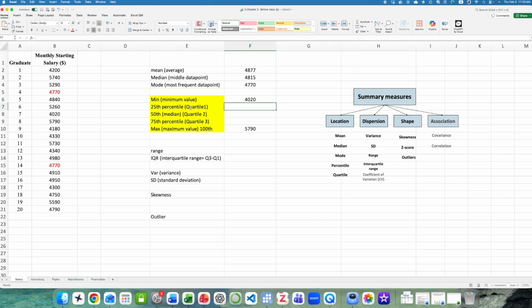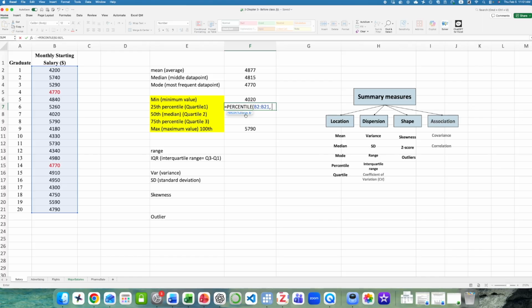25th percentile means that 25% of the data is less than this number. Let's calculate it. In Excel, we are going to use percentile. You can go with the percentile function and then choose the array, comma. Again, the Excel function gives you a guideline of what you need to put in the function as an input.